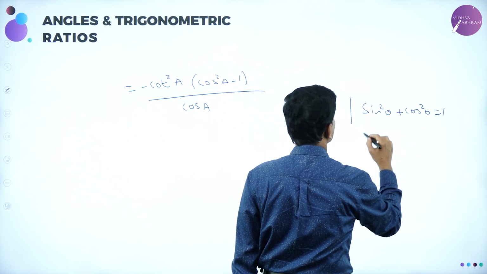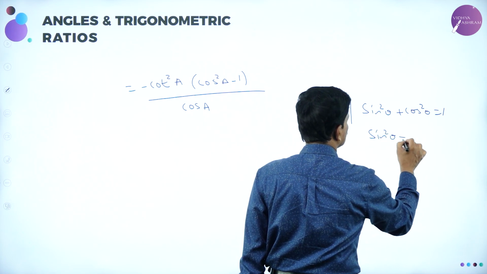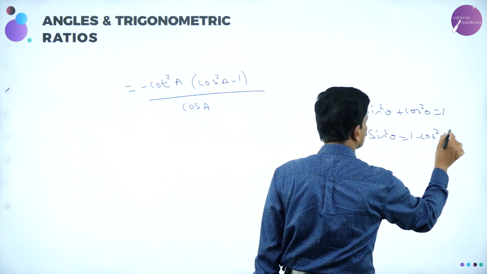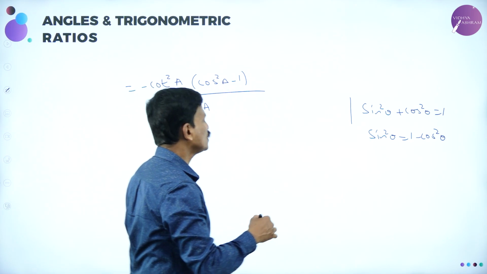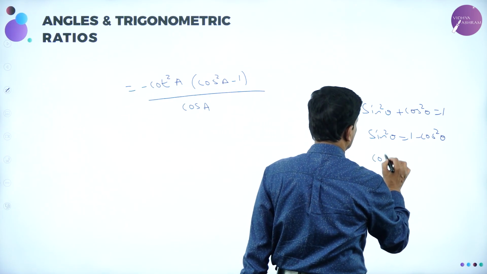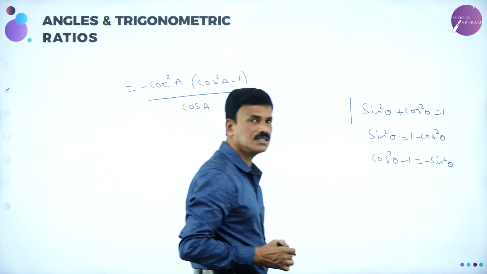So, here cos square minus 1, if we transfer this, sin square theta is equal to 1 minus cos square theta. What is cos square theta minus 1? Cos square theta minus 1 can be written as minus sin square theta.